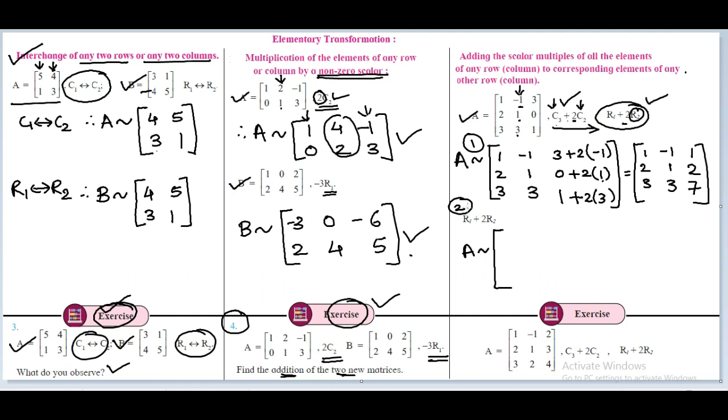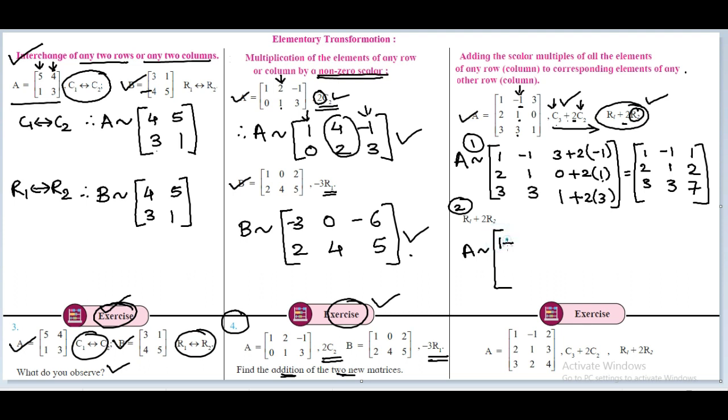Now what is the first element over here? Sorry, not element, we can say row or column. So what is the first row over here? That is R1. So changes will happen in row 1. Now if changes are going to happen in row 1, what are those changes? The changes are R1. What is the first element of row 1? That is 1.